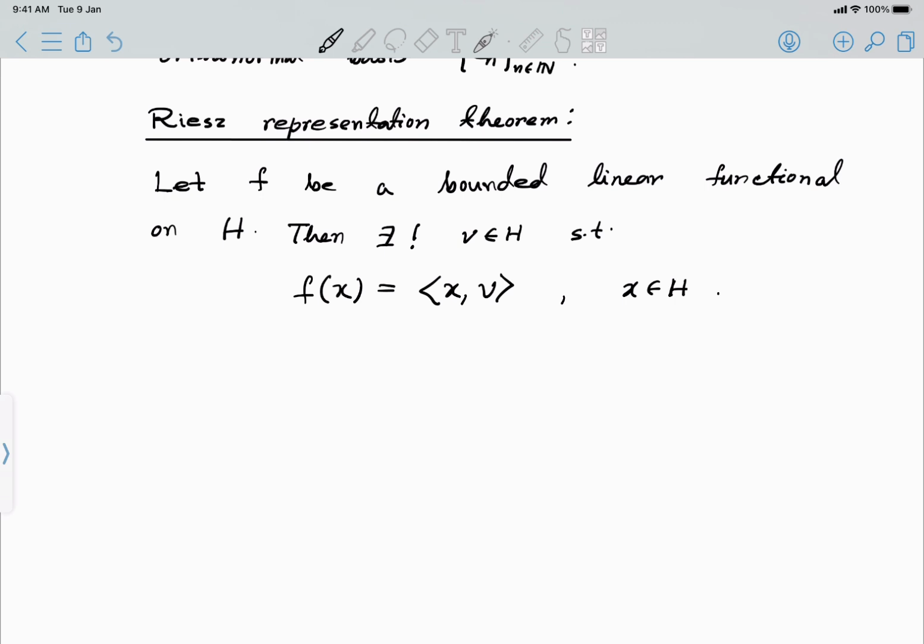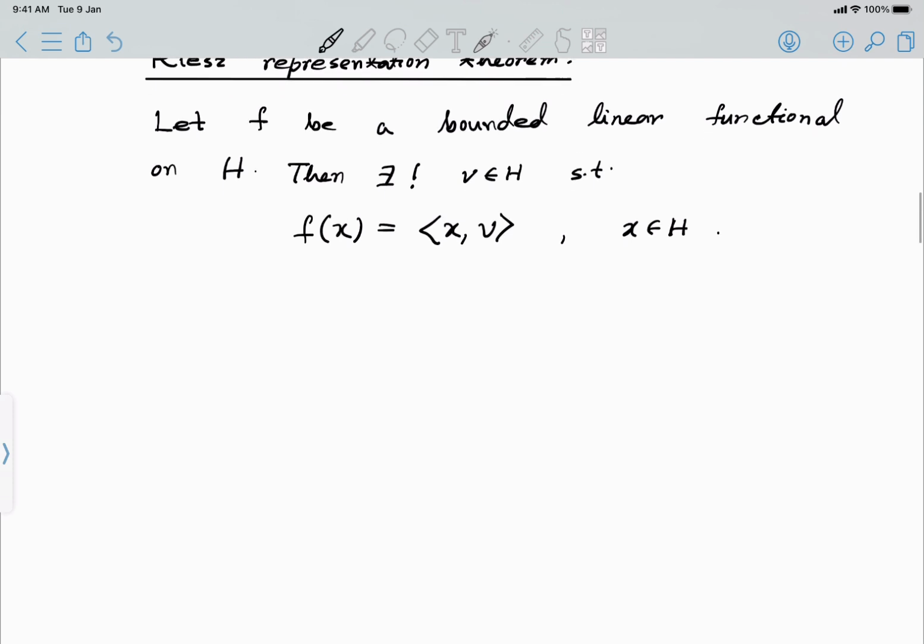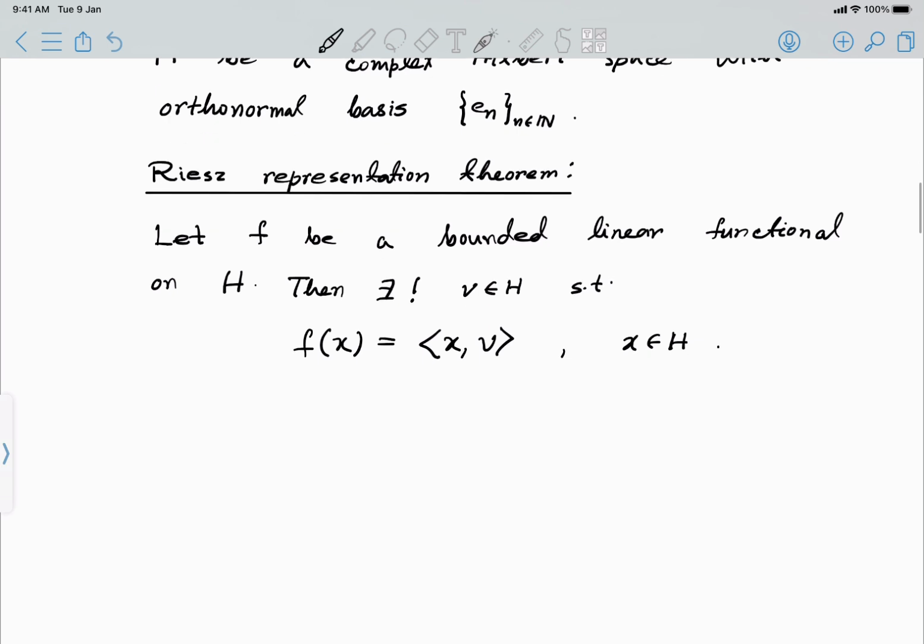We only need this much: if f is a bounded linear functional on this Hilbert space, then it is given by the inner product of x with v for a unique v. Okay, so we'll use this.